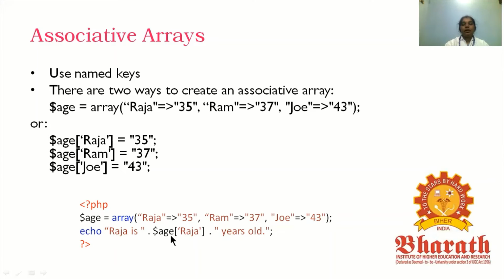So $age of Raja dot "years old". After execution of this code, we will get "Raja is 35 years old", so it substitutes the value.